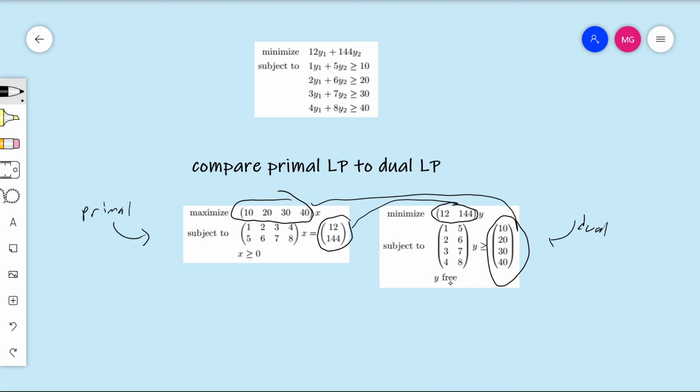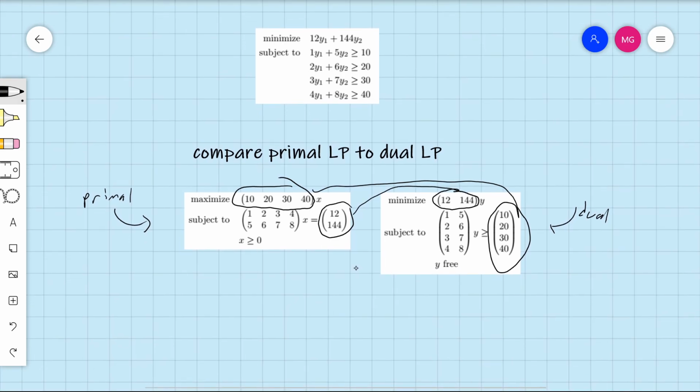Now we're just explicitly acknowledging that fact by writing y is free. That's in contrast to the primal linear program, where x has constraints associated to it: x has to be non-negative. It's part of what it means to be in standard equality form.